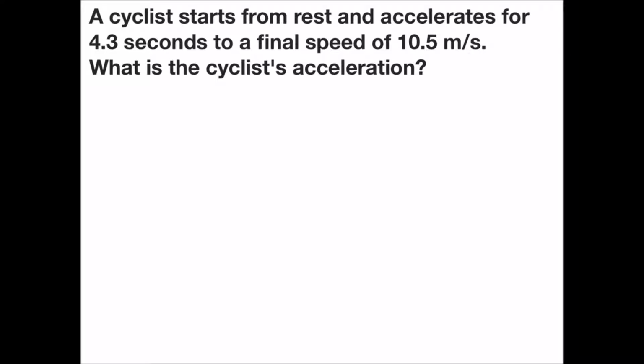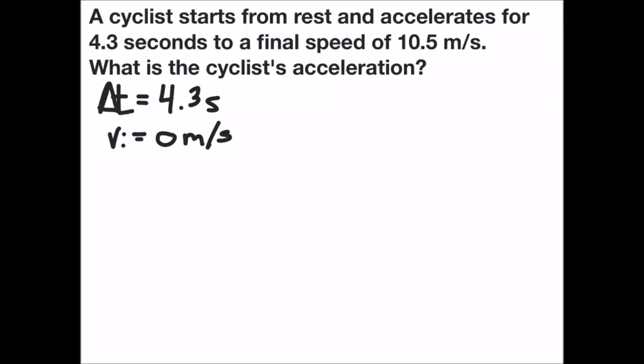From this example, we can see that the cyclist starts from rest and accelerates for 4.3 seconds. That means my change in time is going to equal 4.3 seconds. I'm then going to write the initial velocity, and as the cyclist starts from rest, they're not moving. So my initial velocity, or VI, equals 0 meters per second.